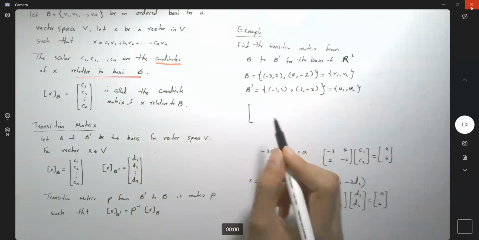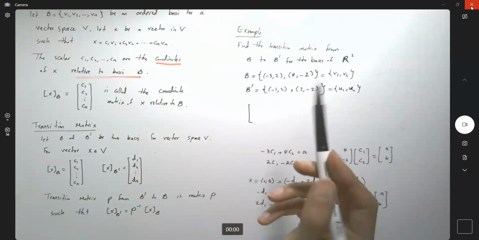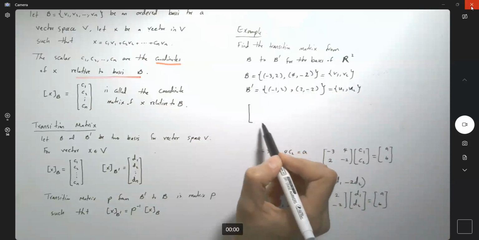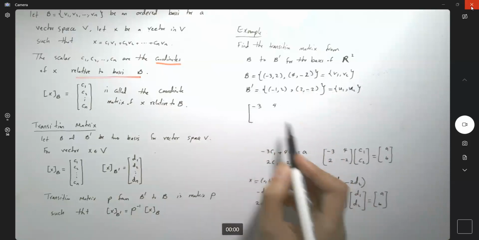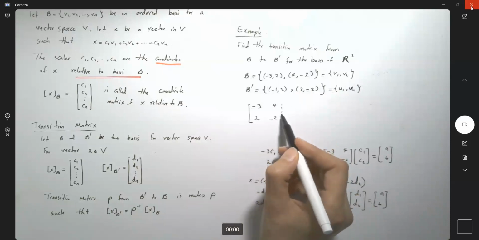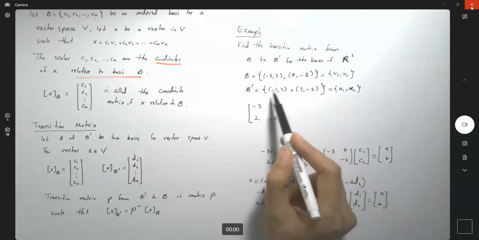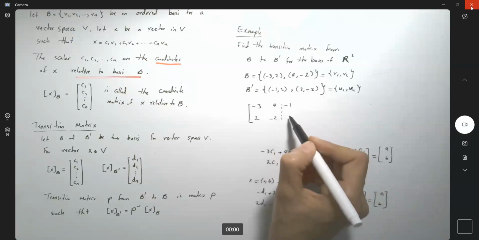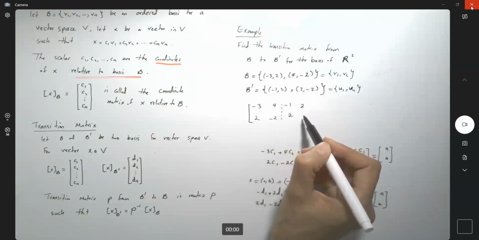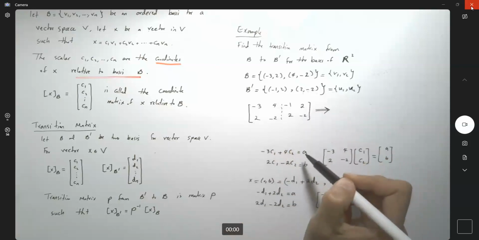Since it's a transition from B to B prime, you write down the coefficients of B first, -3, 4, 2 and -2, and the coefficients of B prime, just the vectors in column form, -1, 2, 2 and -2. Let's start applying the reduction.